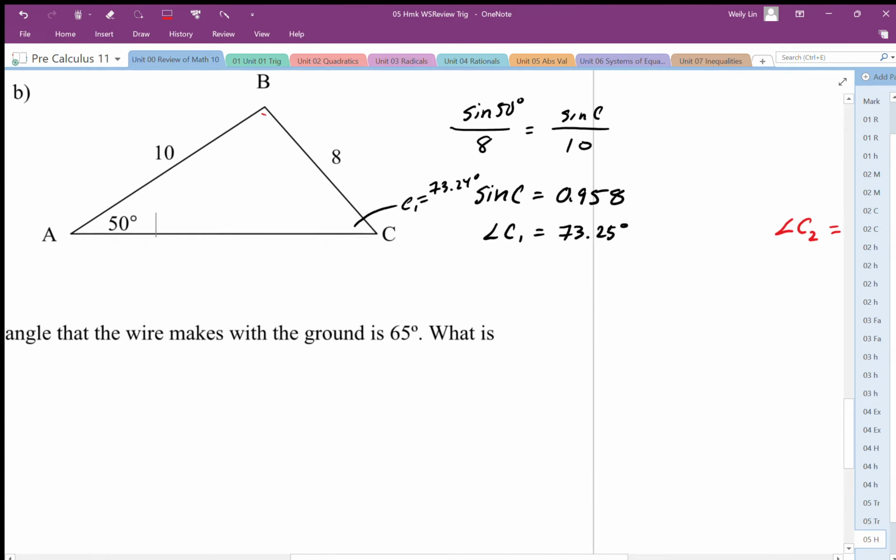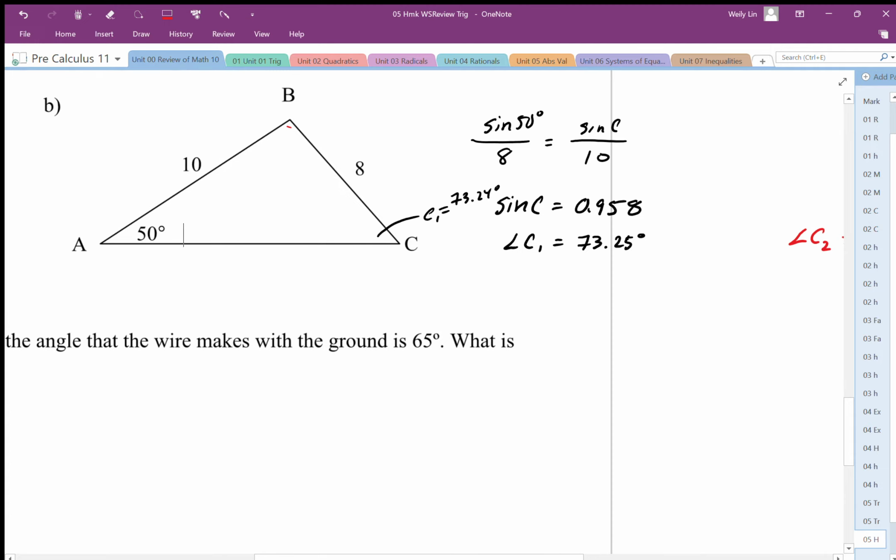So going back to the original triangle that we're looking at now, I've got C1. I need to calculate the angle here, which I'm going to call B1. So angle B1, if I subtract 180 minus 50 minus the 73.25 degrees, I'm going to end up with, looks like 56.75 degrees.